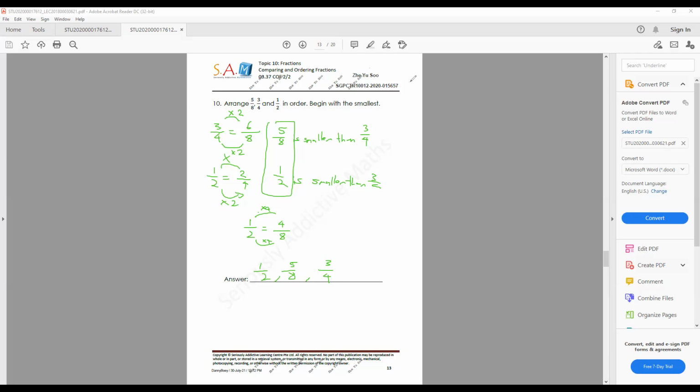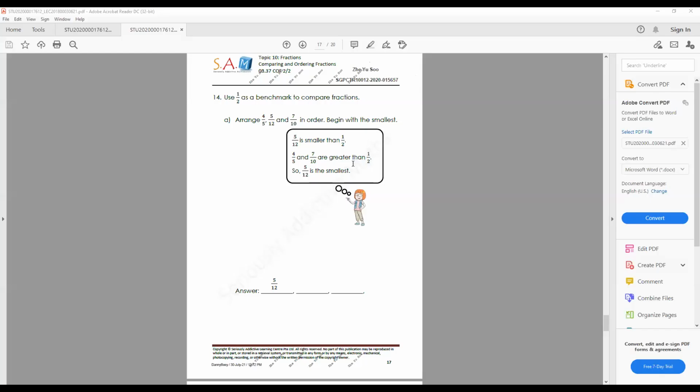Okay, did you get it? Okay, we will do the last question of the day. Now, this question is a bit different. Using half as a benchmark to compare fractions. Arrange 4 out of 5, 5 out of 12, and 7 out of 10 in order, beginning with the smallest.